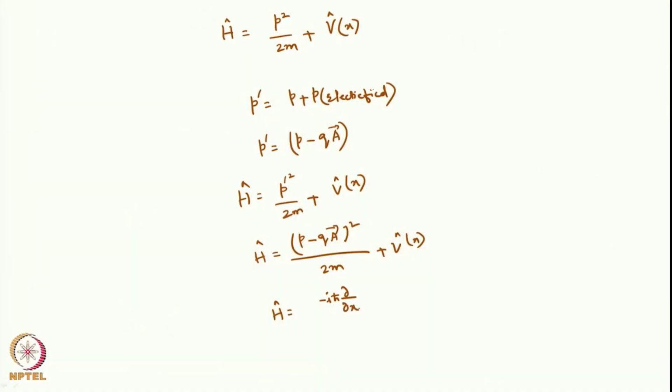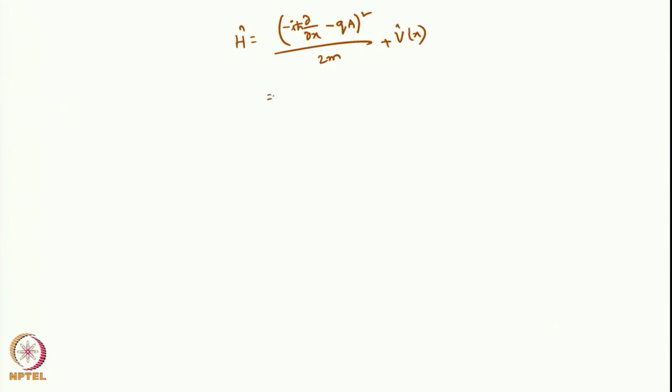So the Hamiltonian H is equal to (minus i h bar d by dx minus QA) whole square by 2m plus V of x. I am only looking at the one dimension case, one can generalize to 3 dimensions.